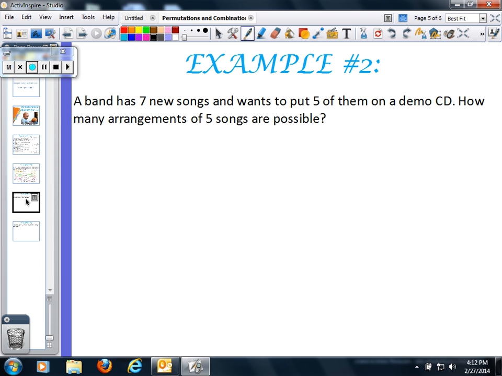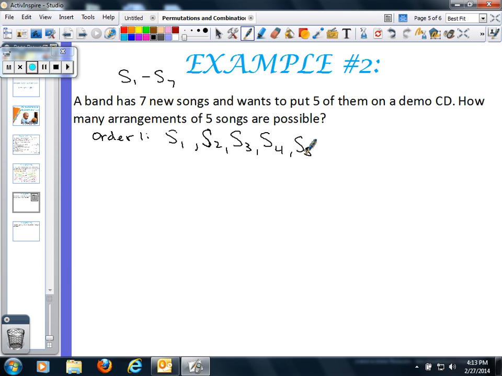Okay, so for example, we could say the first order would be, and I'm going to abbreviate the songs as S1 through S7, S1, S2, S3, S4, S5.